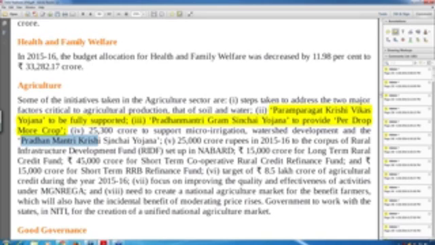Then Pradhan Mantri Krishi Sinchai Yojana, right? So the schemes which are related, I just wanted you to see this once, for which money is flowing as of now.